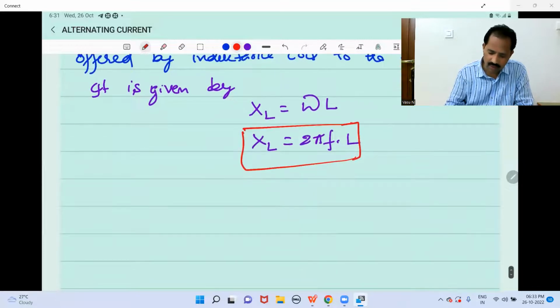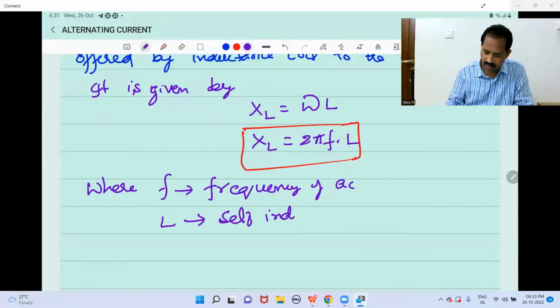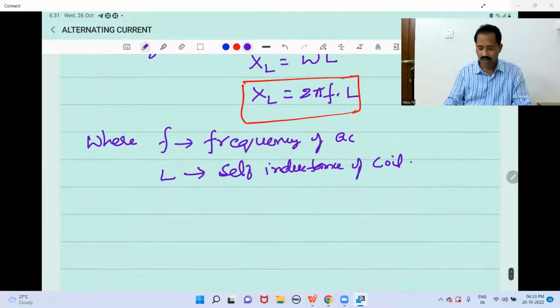Here you must write where F is the frequency of AC, and L is the self-inductance of the coil. Now, what is the unit for inductive reactance?